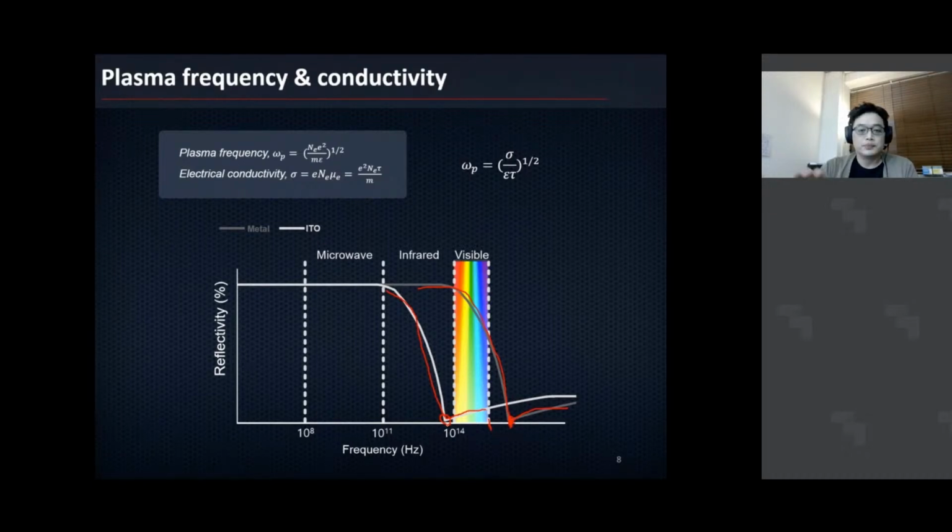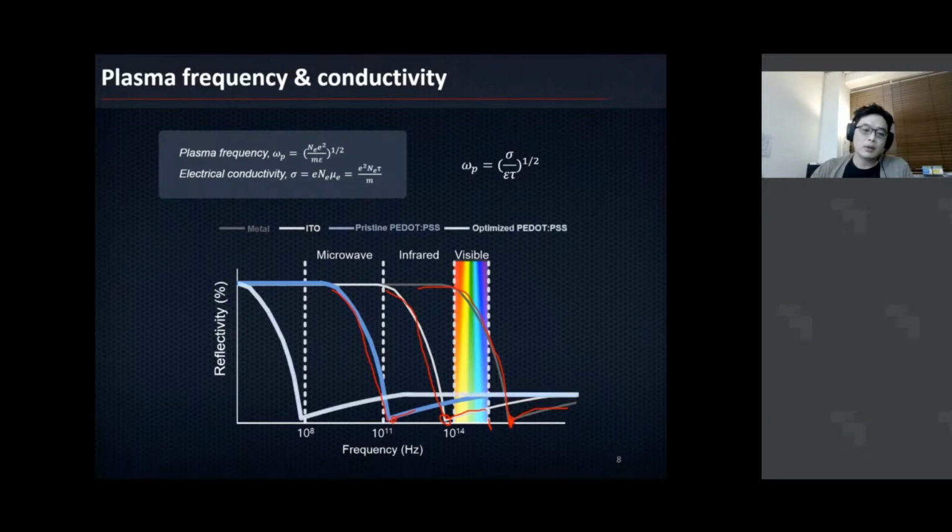So what we want to do, here is the typical behavior of PEDOT:PSS. That's the commercially available polymer that is very conducting. Its plasma frequency is about 10^11 hertz. In order to realize the previous concept, you need to lower the frequency to 10^8, which is 100 megahertz.